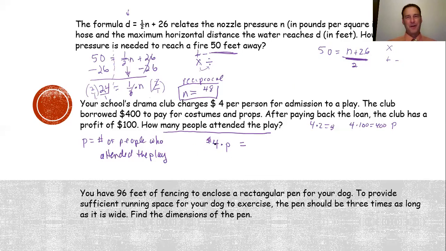Whatever you're making here, you're actually taking away, because it cost you. You borrowed it. You had to pay it back. So you're already out $400. You're getting $4 for every person that comes in, and in the end, after you pay this off, you have a little bit of extra, and a little bit of extra is $100. So again, you get 4 for every person, however, you owed 400. And in the end, you finish with something good.